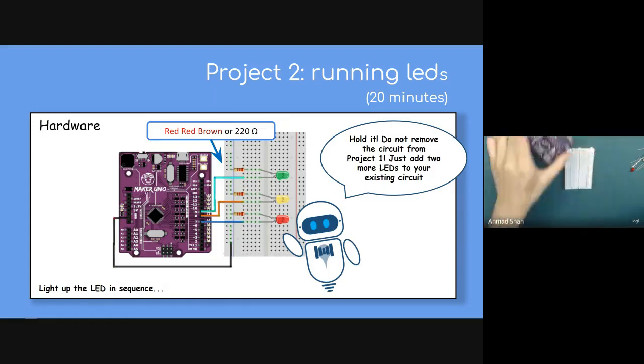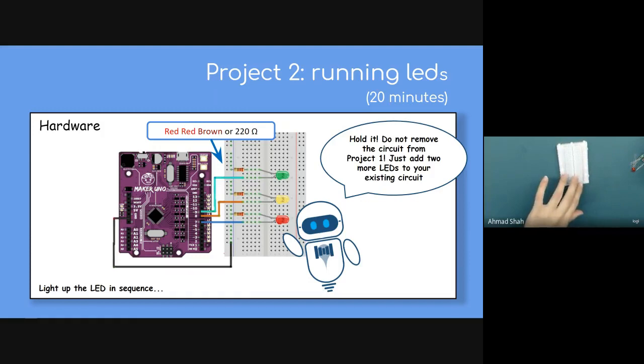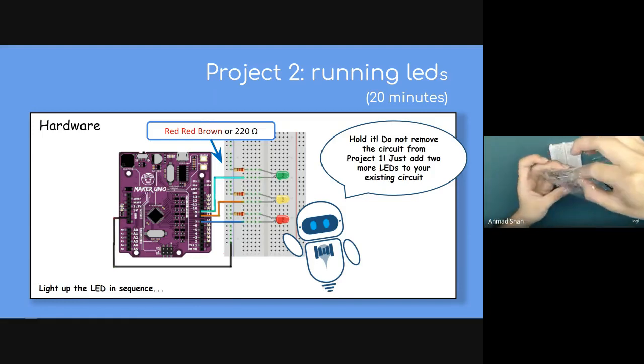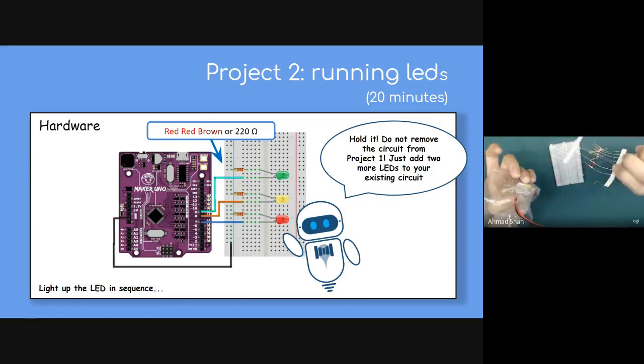Okay, so we put the Maker Uno aside first. What you need for project 2 is 3 LEDs and 3 resistors. The resistor you are going to use is 220 ohm. You can see in this pack of components, it's the one that has the most resistors inside.